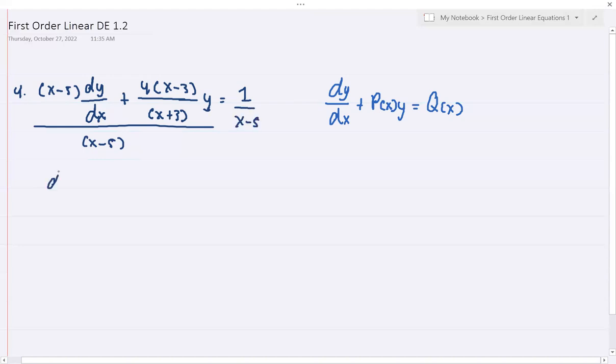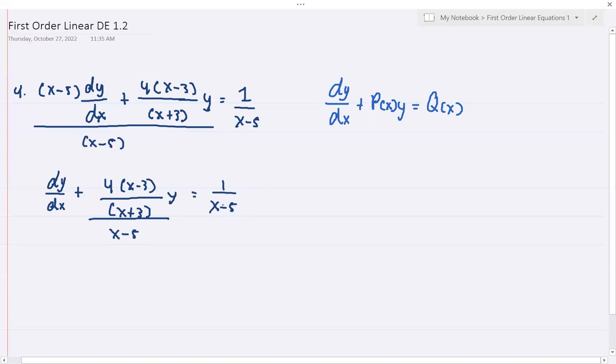So we will have dy all over dx plus 4 times quantity x minus 3 times all over x plus 3 all over x minus 5 times y is equal to 1 all over x minus 5.